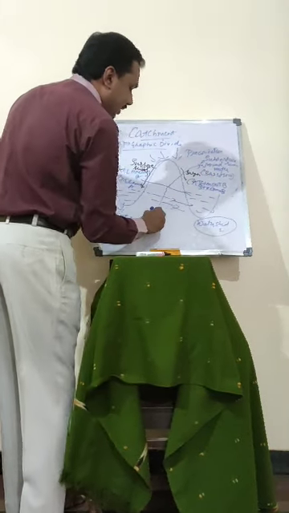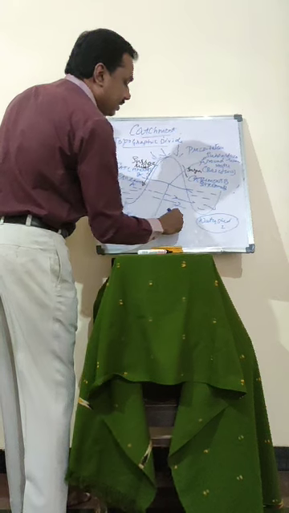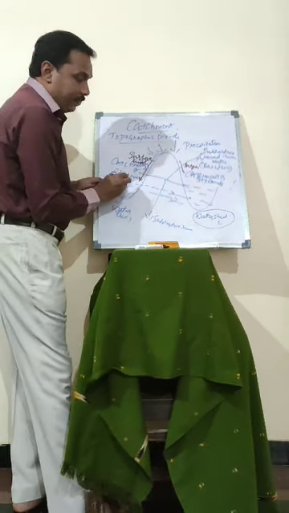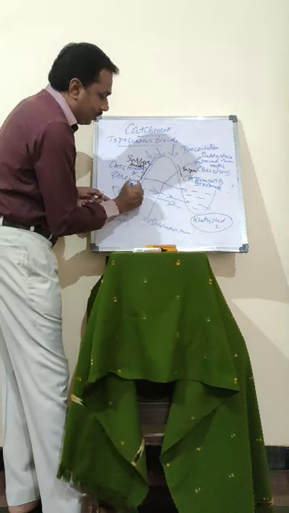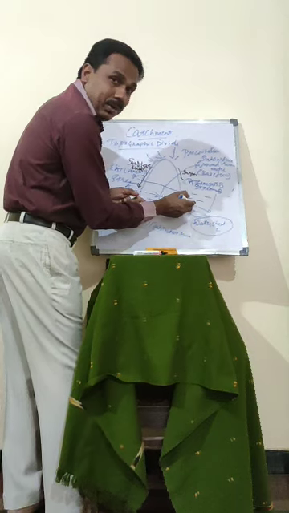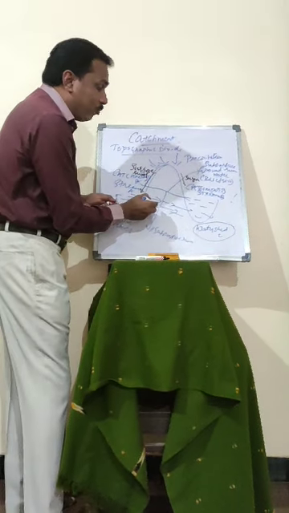It is called subsurface runoff. Here there is a movement: the water is moving from stream A to stream B.